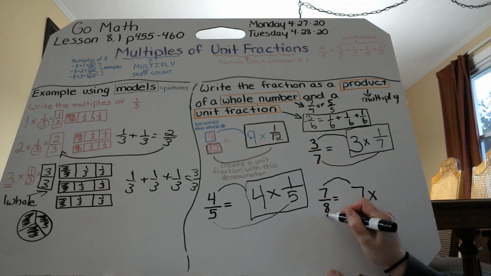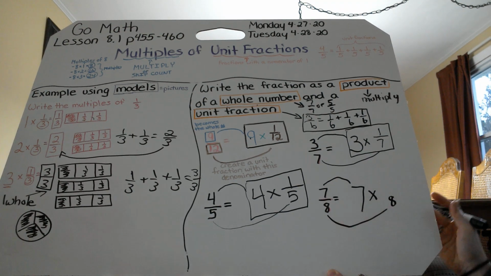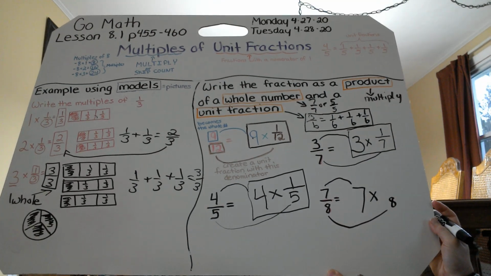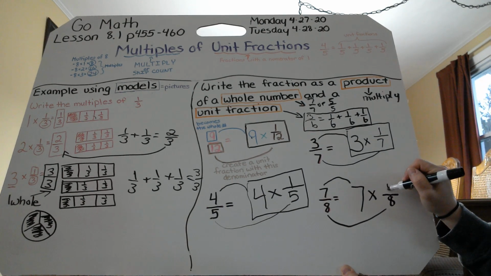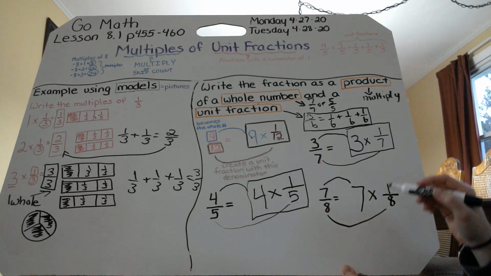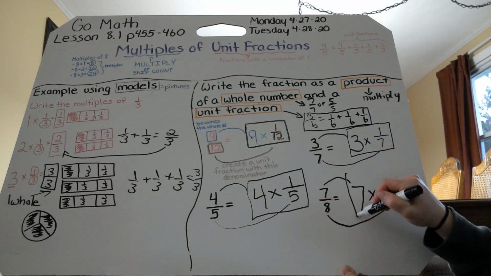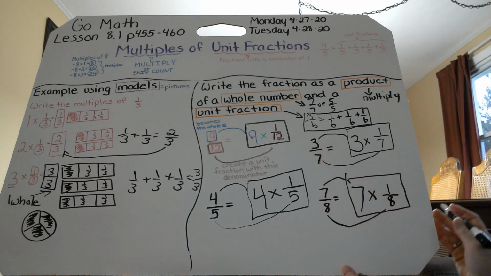That's right, you take your denominator right here, you fly it over, it becomes your denominator. You put your fraction line. Unit fraction always has a numerator of 1. So 7/8 written as a product of a whole number and a unit fraction is 7 times 1/8.